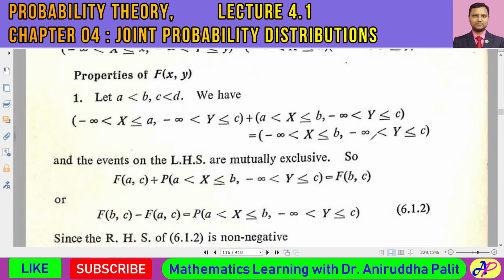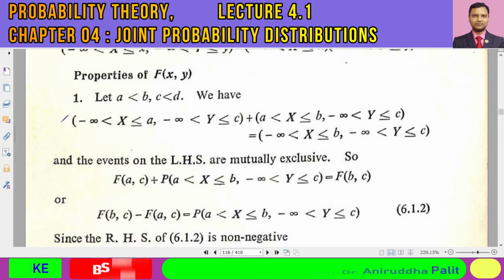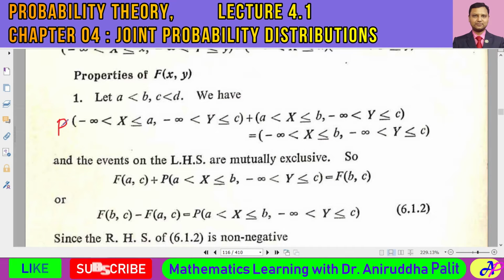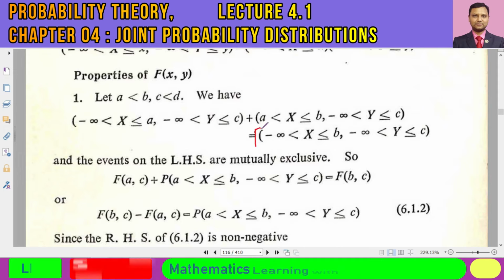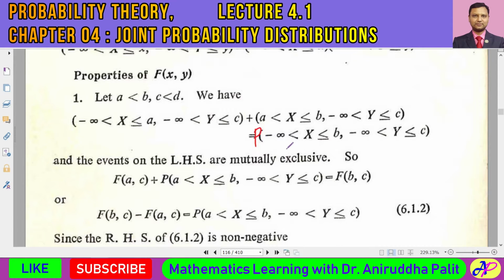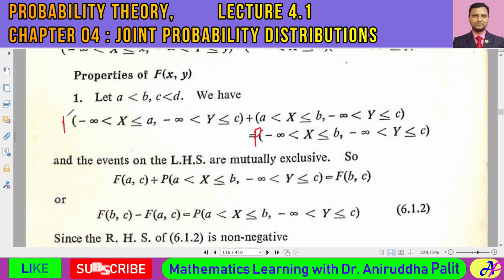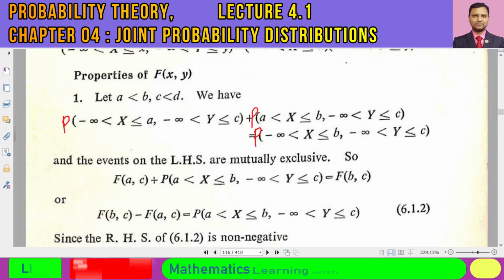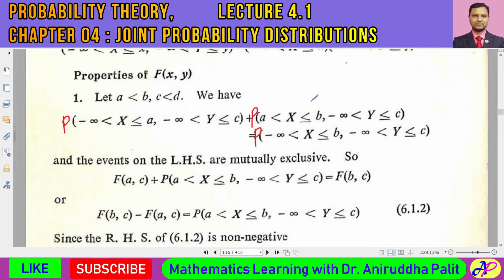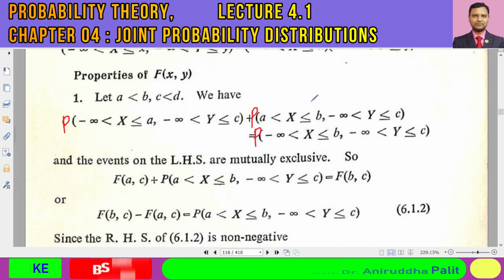So if we now consider the probability of this right hand side event, then it must be equal to the probability of the first event plus the probability of the second event, by the third axiom of probability.